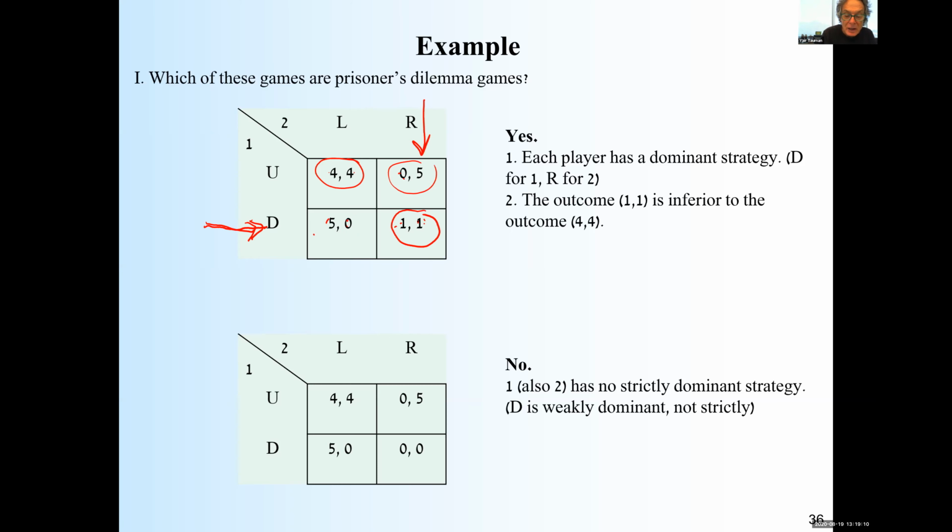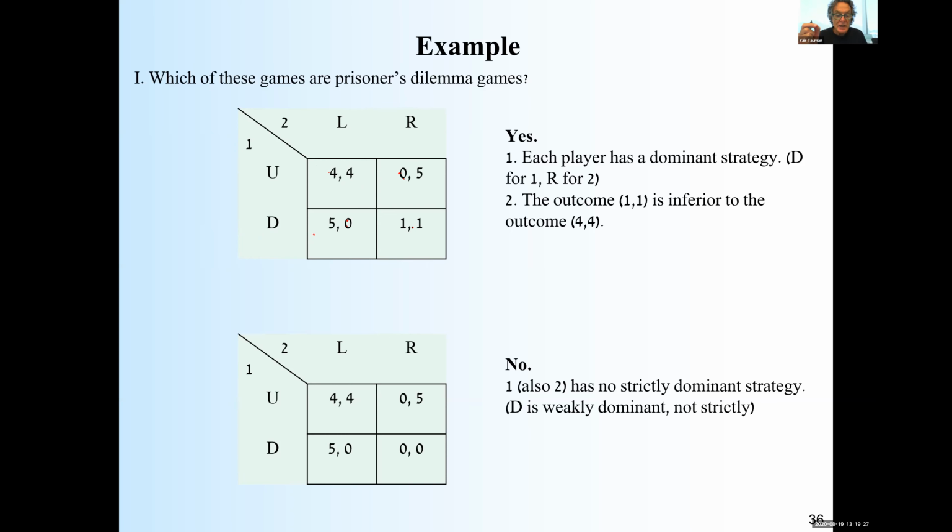So it cannot be inferior to this. It can only be inferior to the diagonal. That's with 2x2.